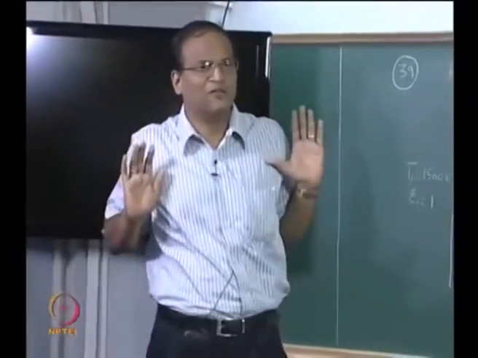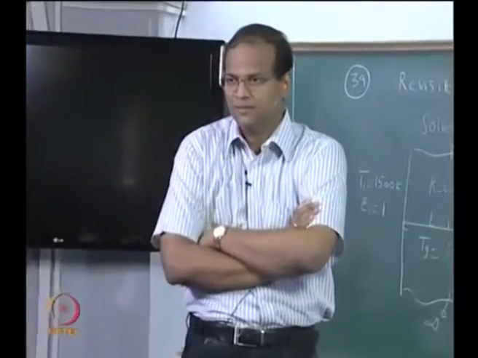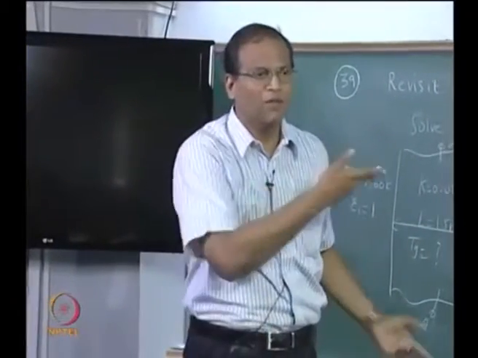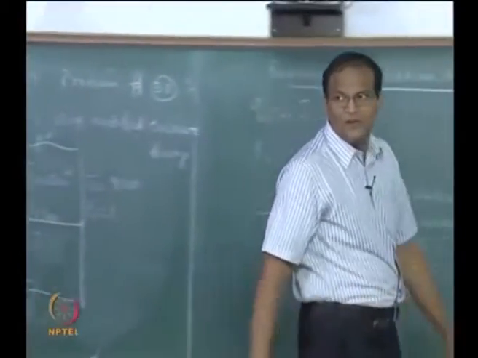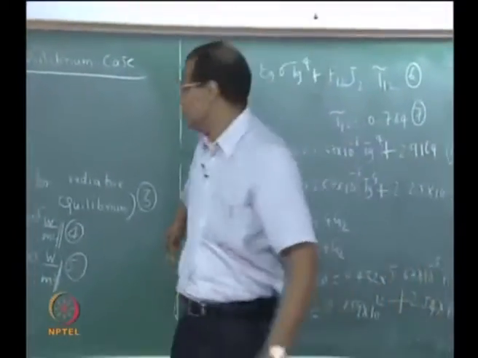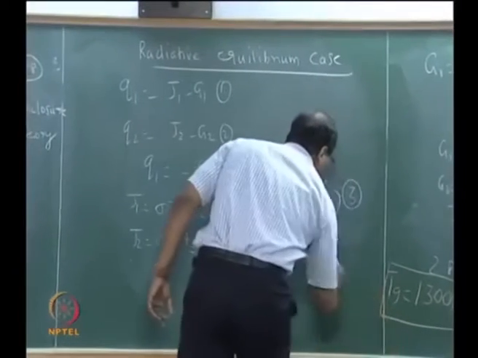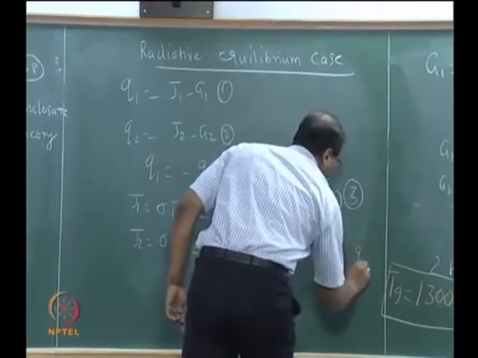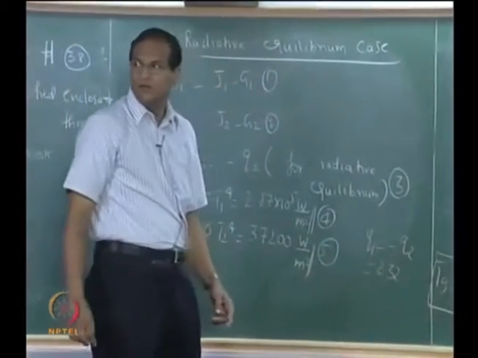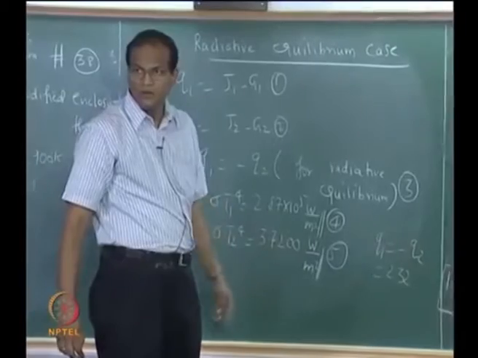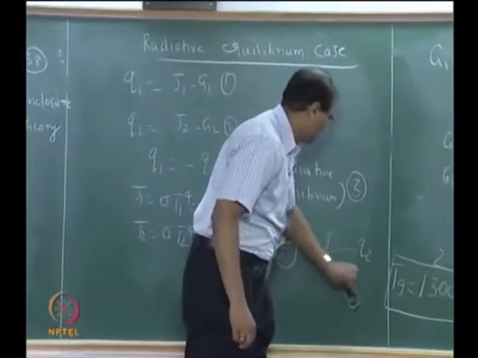Then whatever is coming from the left side will go to the right side. In the absence of the gas, what will be Q? Now what is Q for this now? What is Q1? 232. No, just check. Tell me.